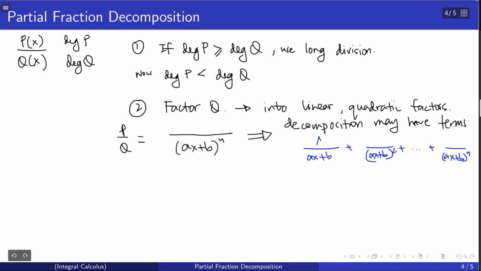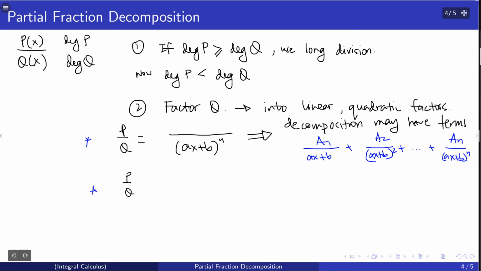And you'll just have numbers on top here, so I can call them A1, A2, up to An. So that's just the most general form that your decomposition may have, because you have that nth power term for your linear term in the denominator.